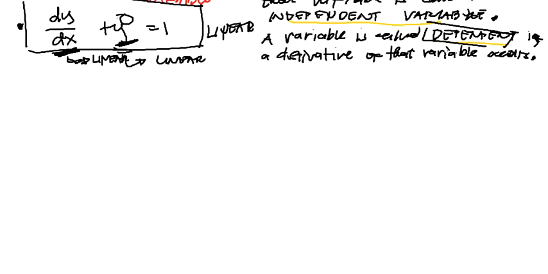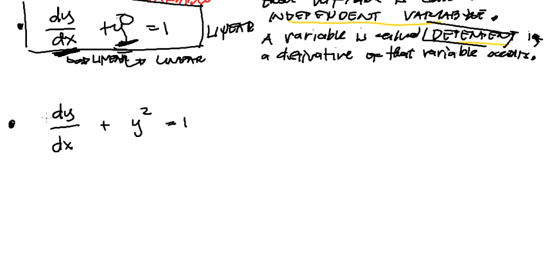so another example. We have dy over dx plus y squared is equal to 1.